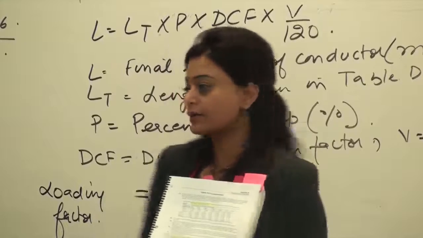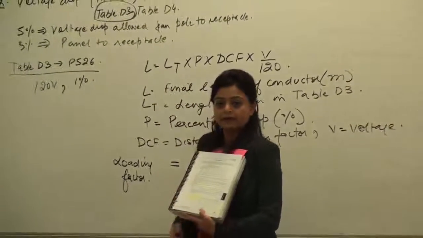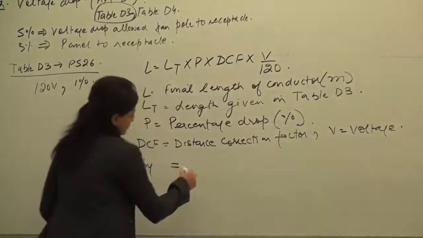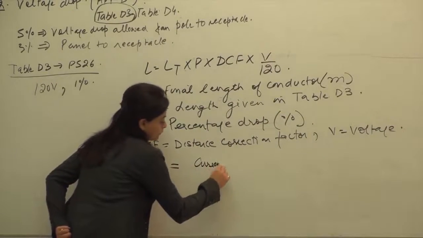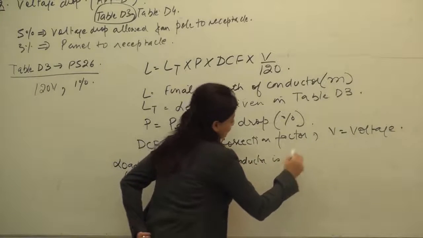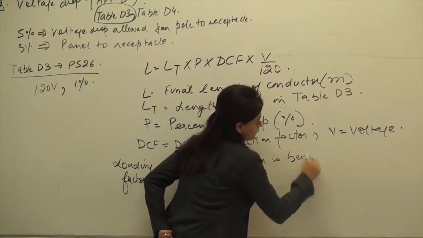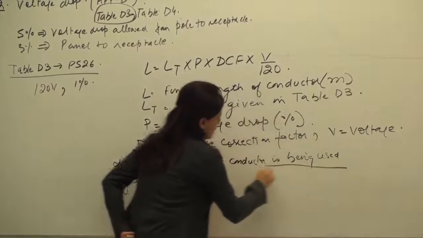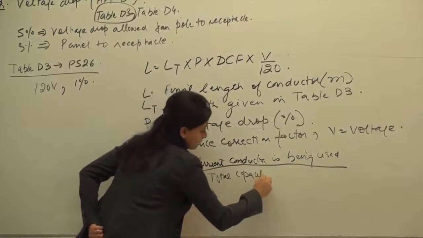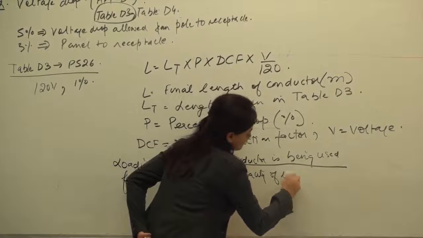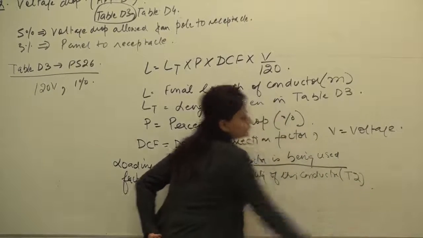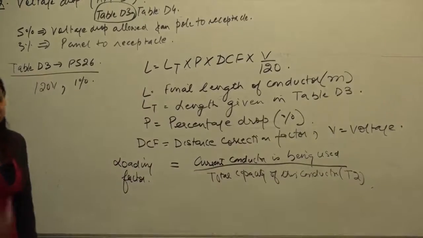So once I have found the loading factor, loading factor is a ratio of the current the conductor is being used for, divided by the total capacity of this conductor based on table 2. That's called loading factor.